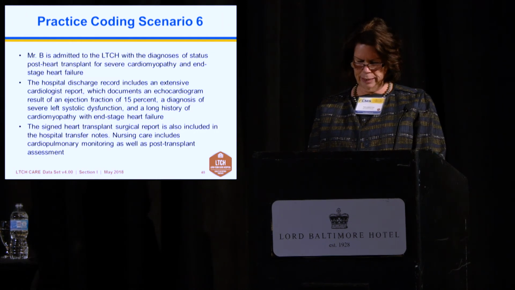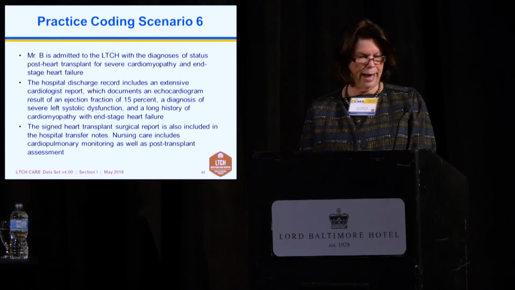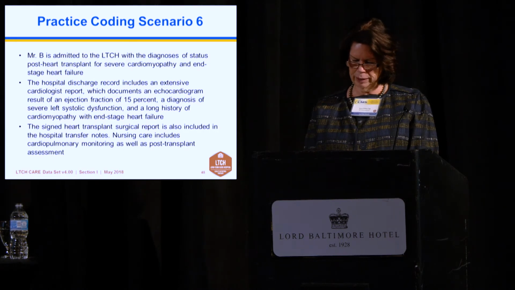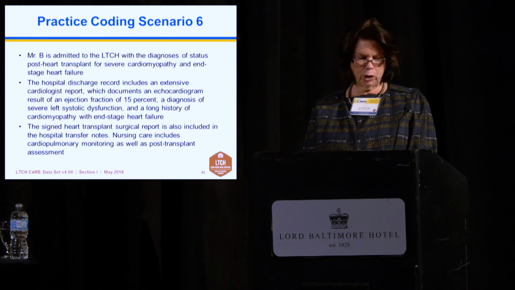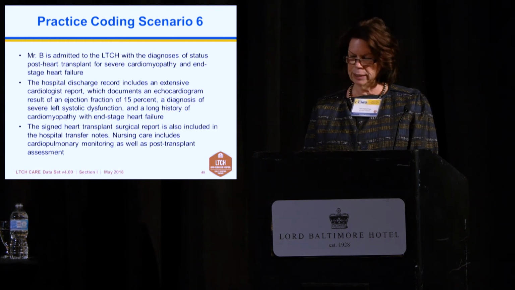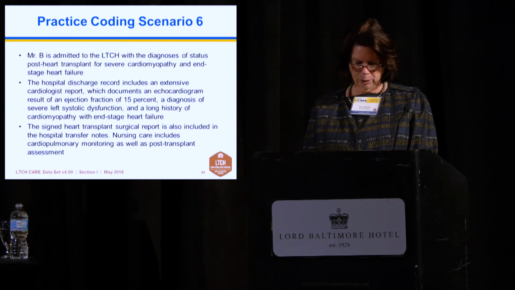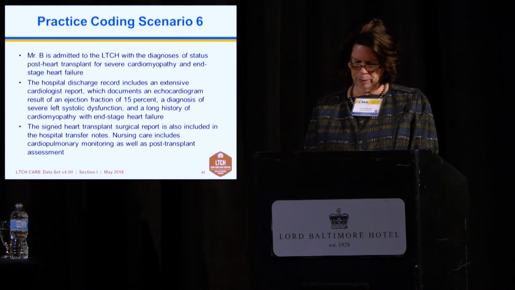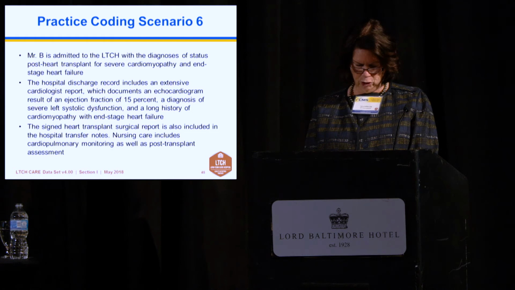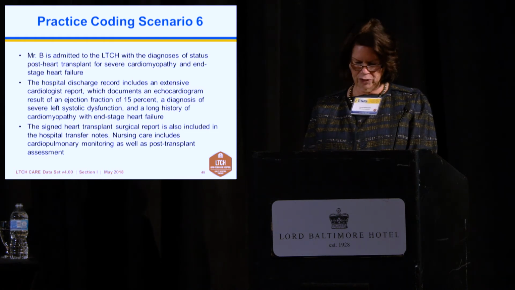In our last scenario, we have Mr. B, who is admitted to the LTCH with the diagnosis of status post-heart transplant for severe cardiomyopathy and end-stage heart failure. The hospital discharge record includes an extensive cardiologist report which documents an echocardiogram result of an ejection fraction of 15%, a diagnosis of severe left systolic dysfunction, and a long history of cardiomyopathy with end-stage heart failure.